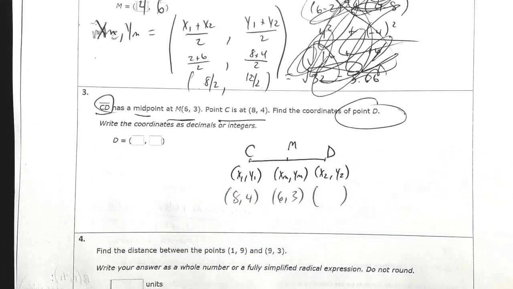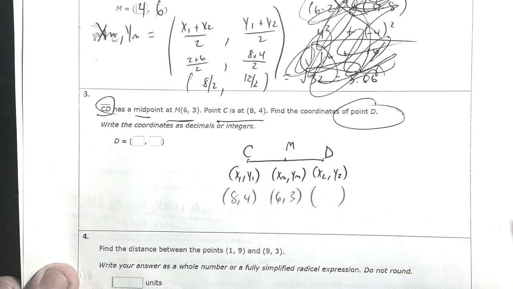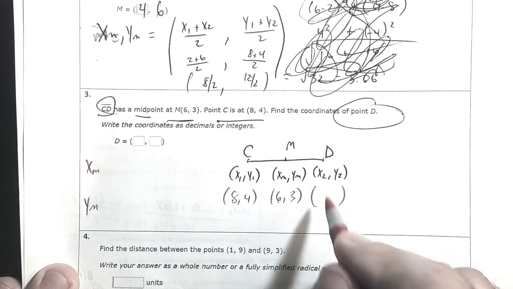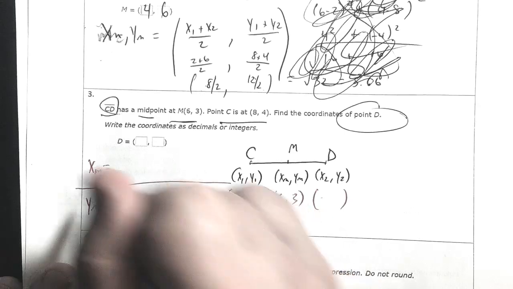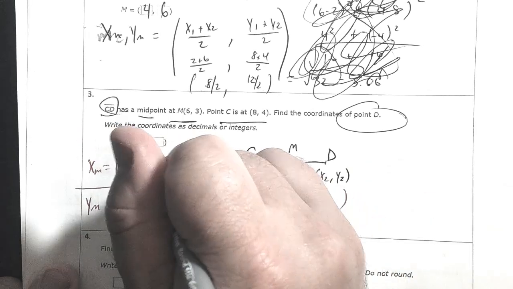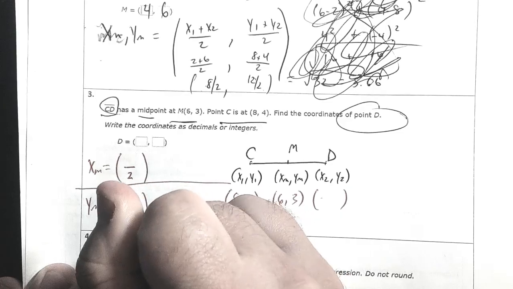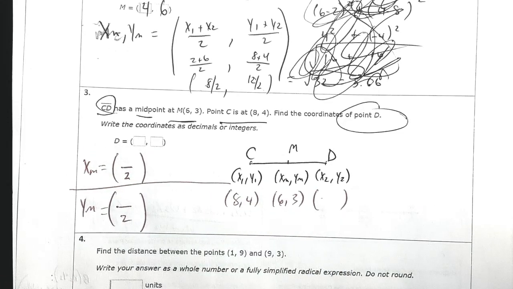So you take the midpoint formula, like above here, except we're going to plug in what we know to find what we need, and we're going to do them separate because we'll do the x's here and the y's here, and then we're going to plug that in. So this is just the x's divided by 2. And this is just the y's divided by 2. So we're going to have to scoot over because we're going to be plugging in.